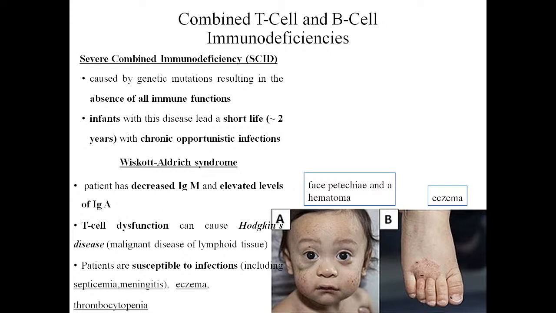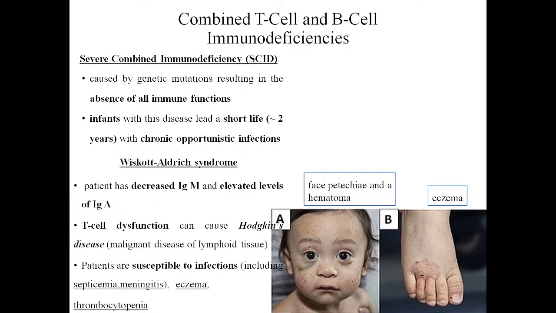Infants with severe combined immunodeficiency lead a short life, no more than 2 years, with chronic opportunistic infections. Such children die because of any mild infection that doesn't cause disease in a normal individual, but this infection may be lethal for a child with severe combined immunodeficiency.